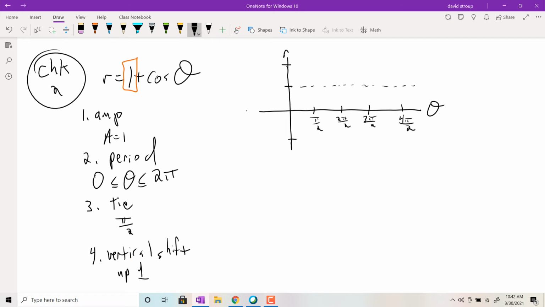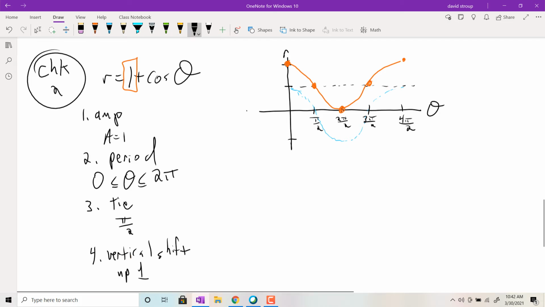Originally, let's draw it in blue, it's the traditional cosine function. So it looks like this. But then all these points get shifted up 1, right? Let's put the new one in red. That goes up to there. This point goes up to there. That goes up to there. It goes up to there. And finally, that goes up to there. So our graph looks like this.